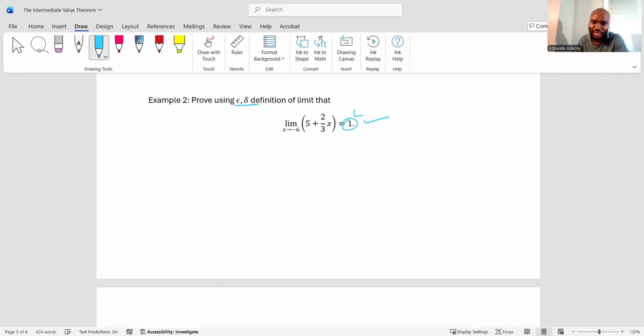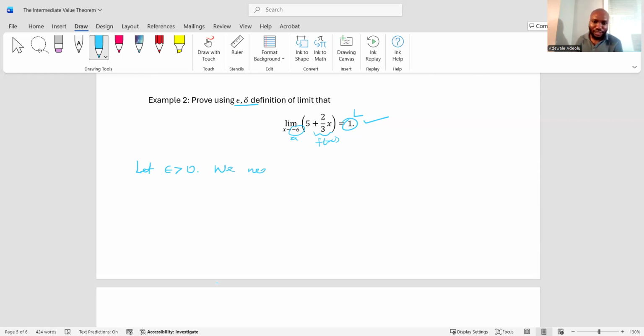Well, again, this is L. This is our function f of x. And this is A. Okay, so again, we say let epsilon greater than 0. We must write that.